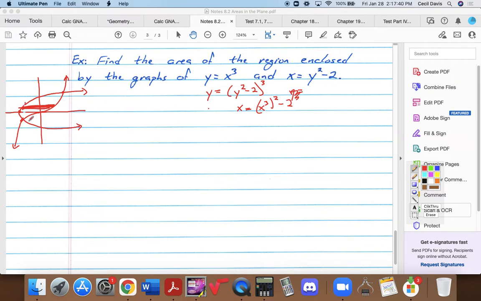Okay? Maybe I can guess. If x is 1, y would be 1. If x was 1 here, all right, what if x is negative 1 at this point? Does negative 1 work? As a matter of fact, it does. Good guess.